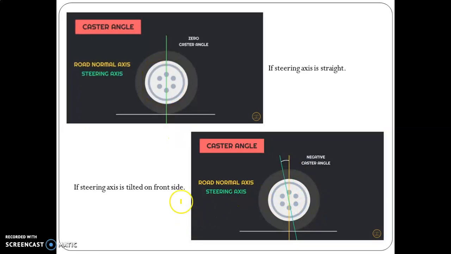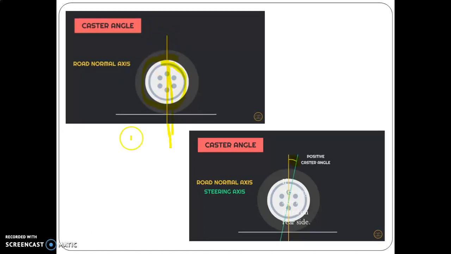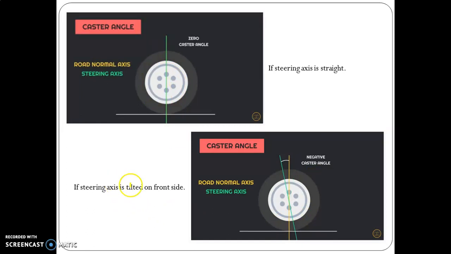So in the next slide, again this represents that the steering axis is straight, and the wheel vertical axis also meets on the same line. In the previous slide we discussed the positive caster angle when the rear side of the wheel is moving, but in the case of negative caster angle, when the meeting point of the kingpin center line lies behind the wheel center line, caster is designated as negative.